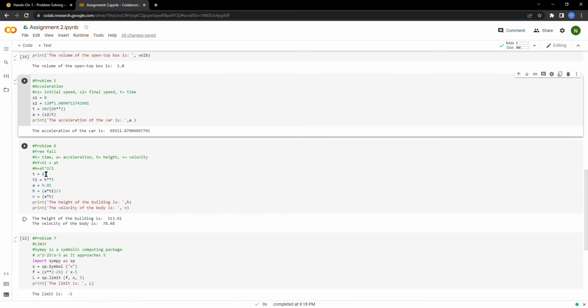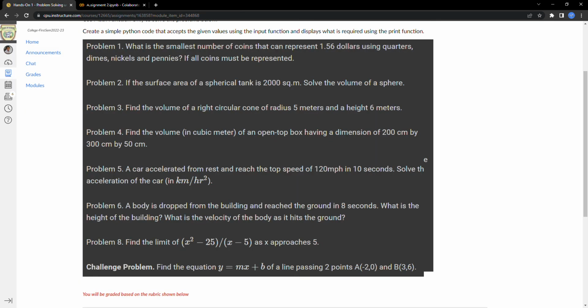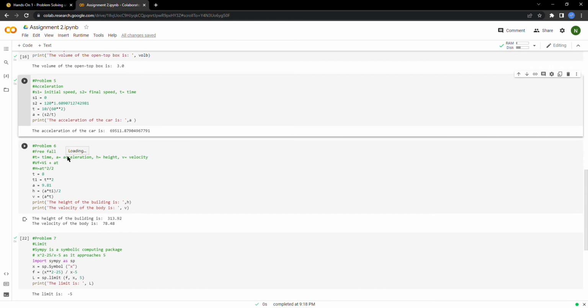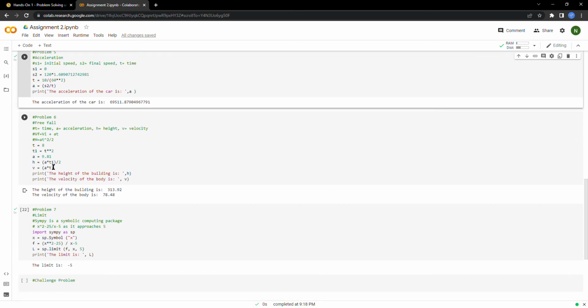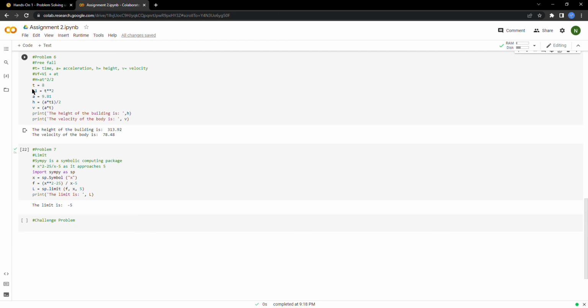Problem 6, we're solving for free fall of a falling body. t equals time, a equals acceleration, h equals height, v equals velocity. We're using the formulas vf equals vi plus at, and h equals at squared divided by 2. Time here is 8 seconds. t1 is only the square of 8, and we're solving for h.